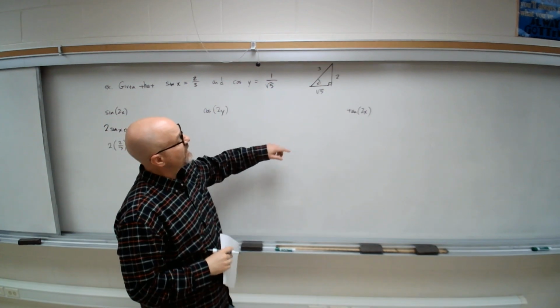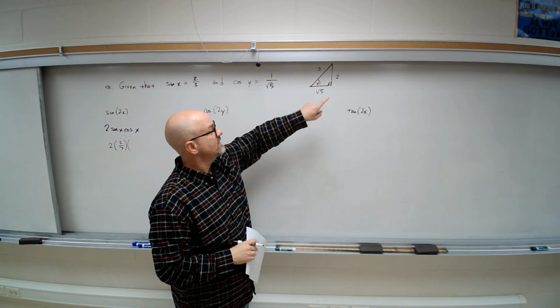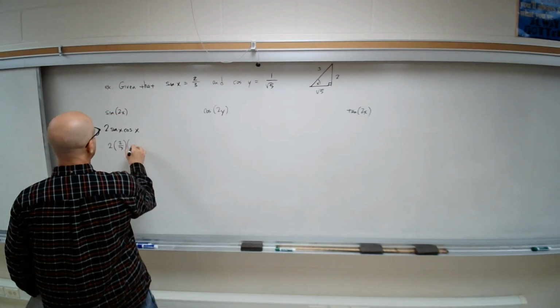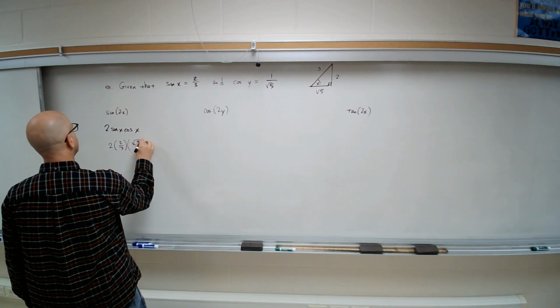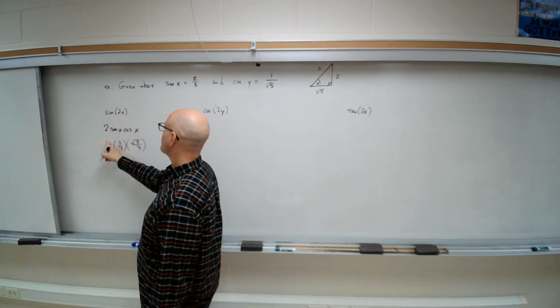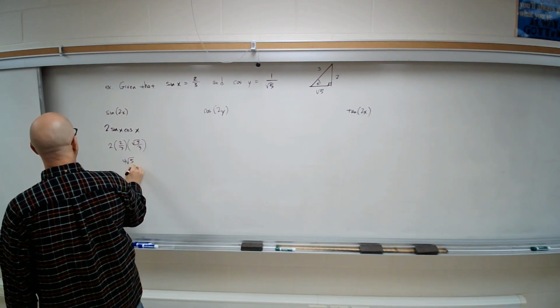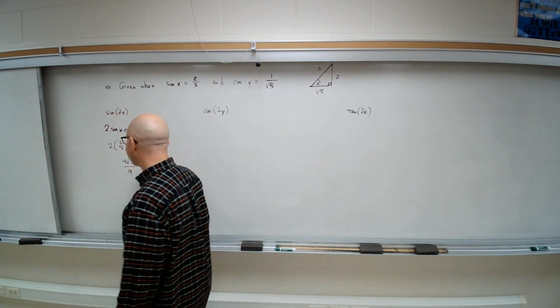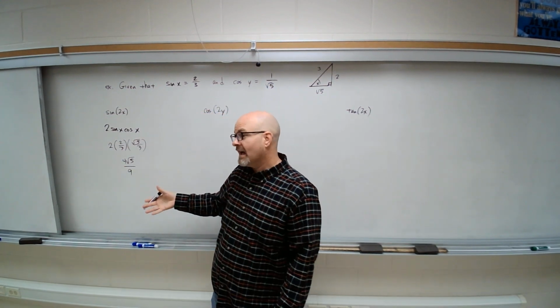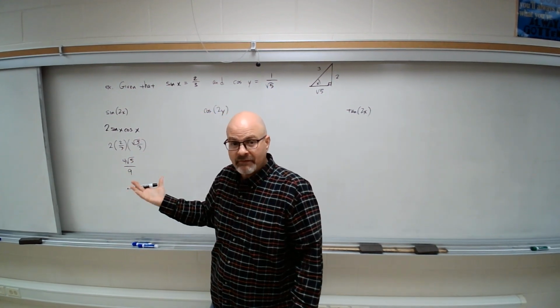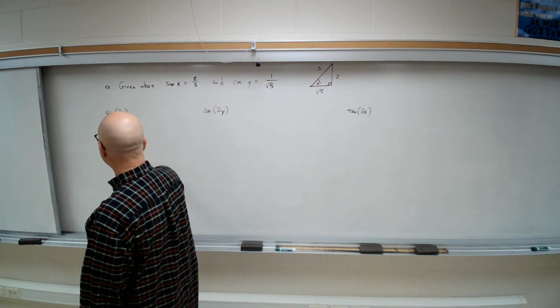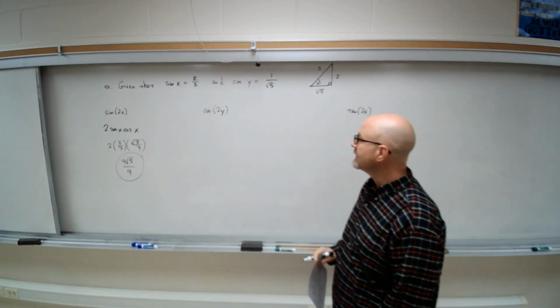And then the cosine of x would be the adjacent over the hypotenuse, radical 5 over 3. Then we multiply the 2 times the 2 times the radical 5. So that's 4 radical 5 over 9. It's rationalized. Nothing simplifies. That's it. Pretty quick to use those, really.